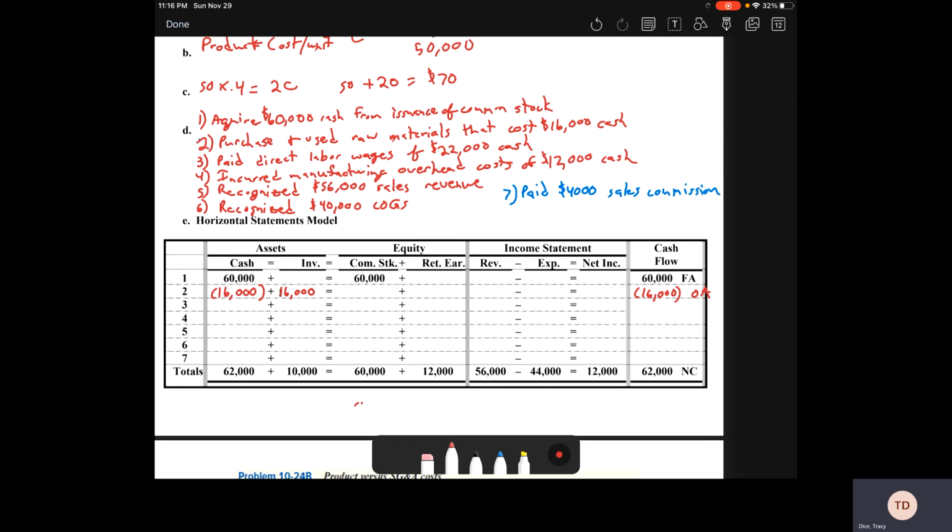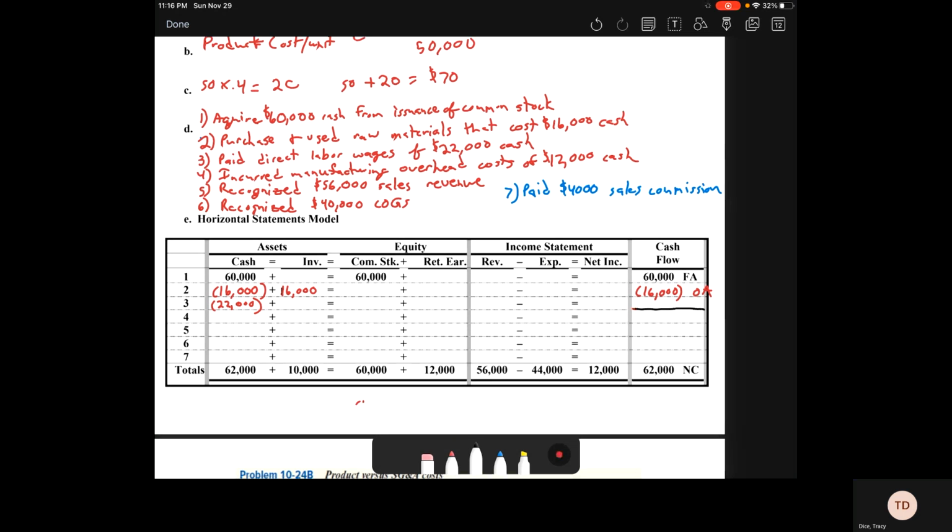Same thing for our direct labor wages. We pay them out now. So that means our cash flow goes down by 22,000. But we aren't recognizing that expense yet because we haven't sold those inventory items. So that 22,000 is in that asset exchange transaction.